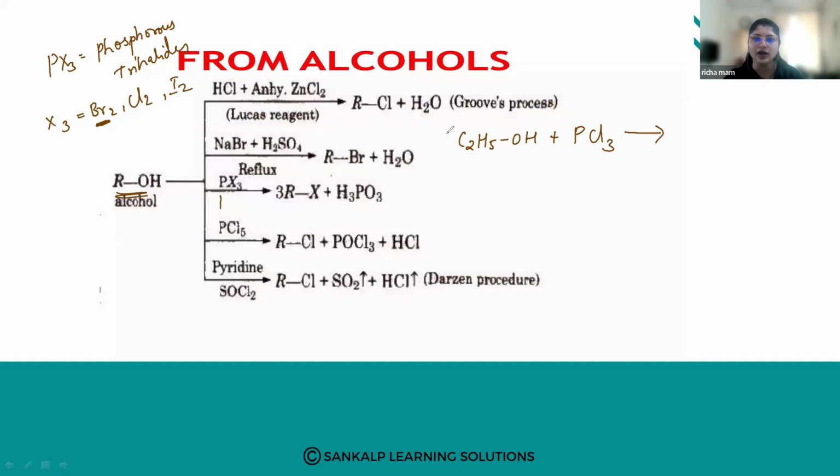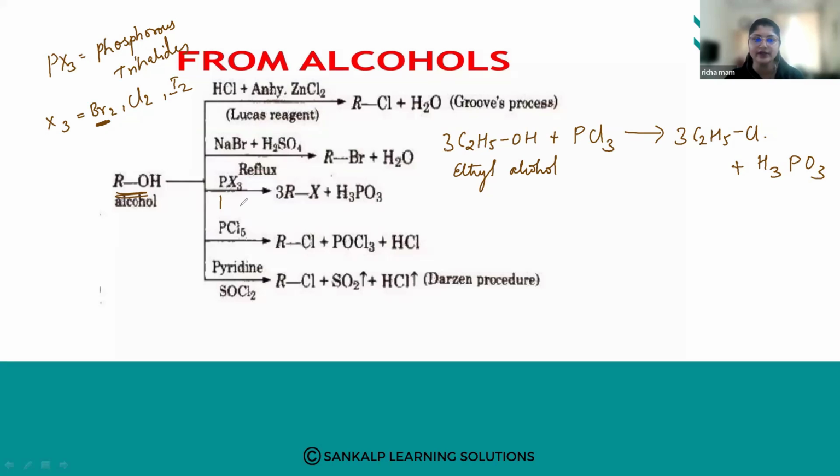I'll take 3 moles of ethyl alcohol and treat it with phosphorus trichloride. I'll obtain ethyl chloride. This is the product which is obtained, and the side product will be H3PO3. So alkyl halides can be prepared like this.